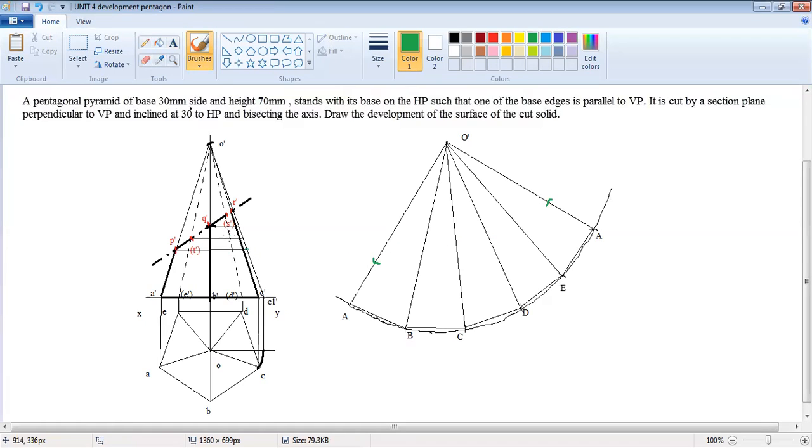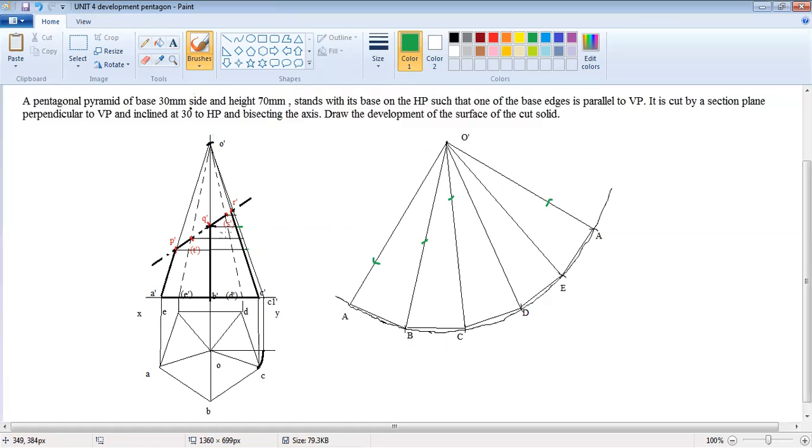And Q point, we should take this measurement and cut an arc in B. And R point, we have to take this measurement and cut an arc here.